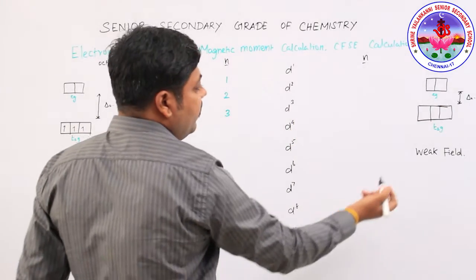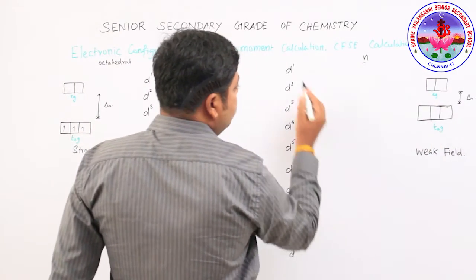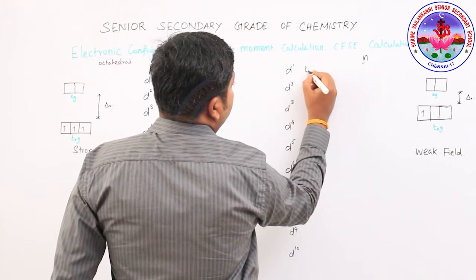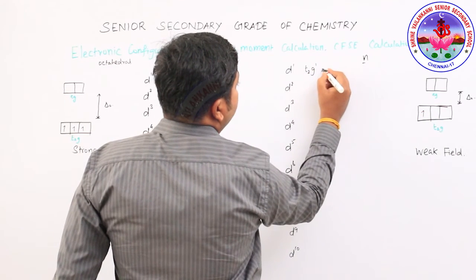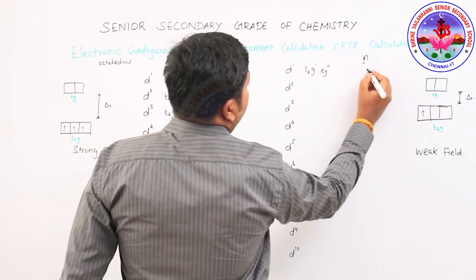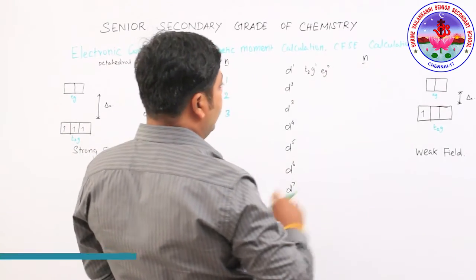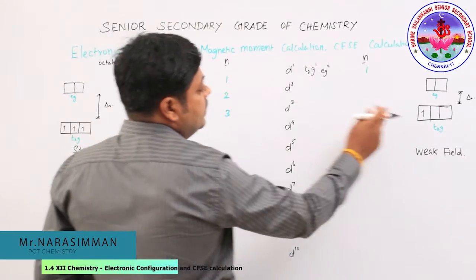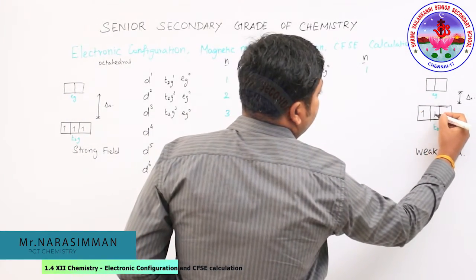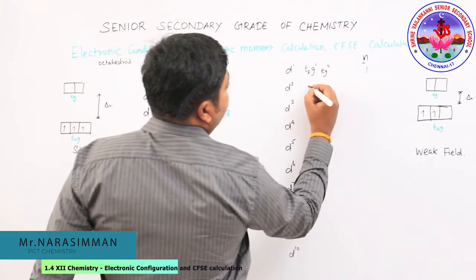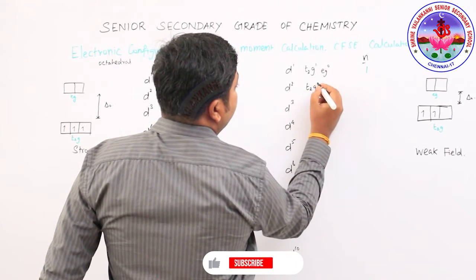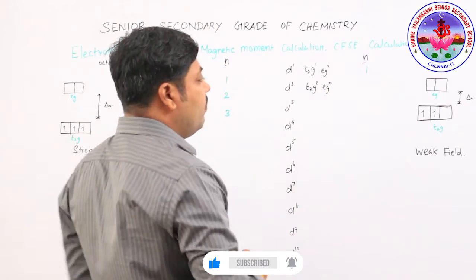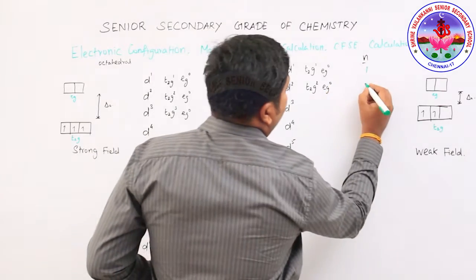Here also, the same way for weak field T2g, D1 is what? 1 electron enters here. So, that means T2g 1 Eg 0. The number of unpaired electrons here also is 1. Then second is the D2 system. The second electron enters the next subcell. So, here also T2g 2 Eg 0. Number of unpaired electrons is 2.